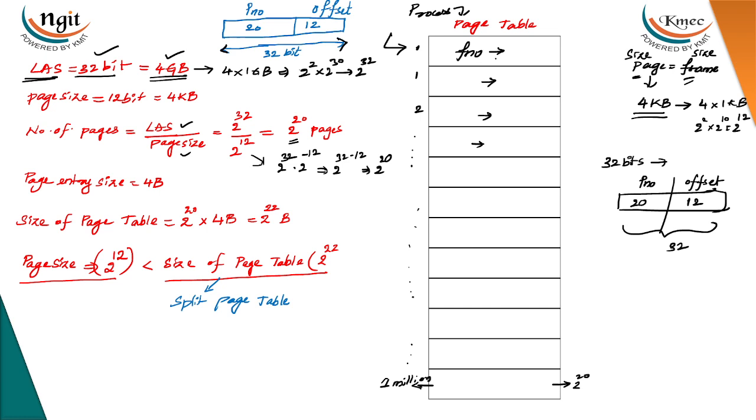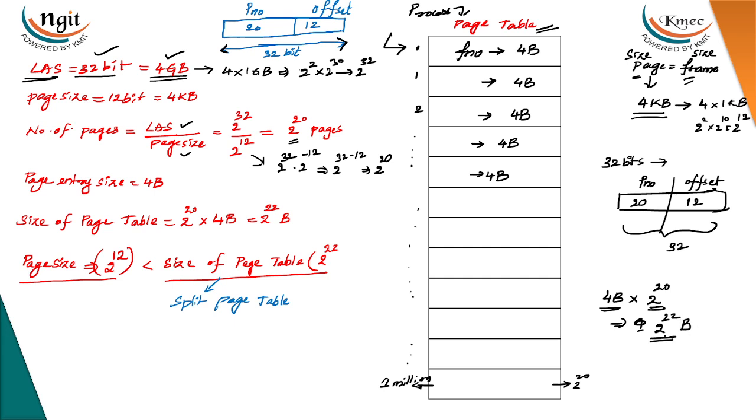If that information consists of 4 bytes for each entry, then what is the size of the page table? Each entry is 4 bytes, and the total number of pages is 2 to the power of 20. So the size will be 2 to the power of 22 bytes.